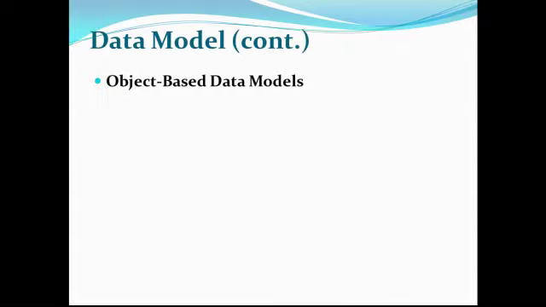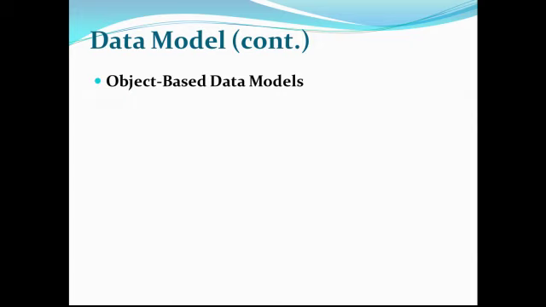The object-based data model uses concepts such as entities, attributes, and relationships. An entity is a distinct object, a person, place, thing, concept, or event in the organization that is to be represented in the database. An attribute is a property that describes some aspect of the object that we wish to record, and a relationship is an association between entities.